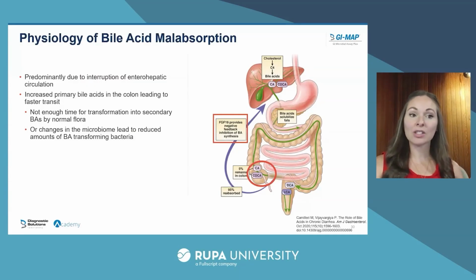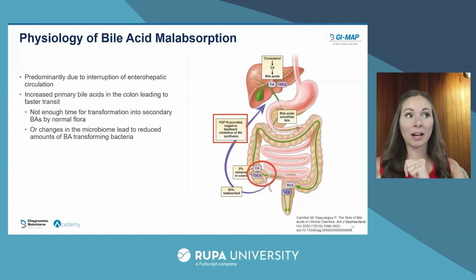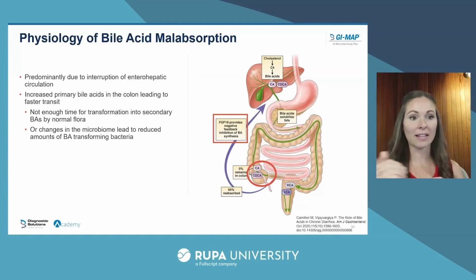That faster transit is going to mean that our good gut flora that is responsible for transforming the primary bile acids into secondary bile acids are going to have a lot less time to do that job because transit is fast. We can also get changes in the microbiome when we have too many primary bile acids in the colon. So we can have one or both of those issues going on.